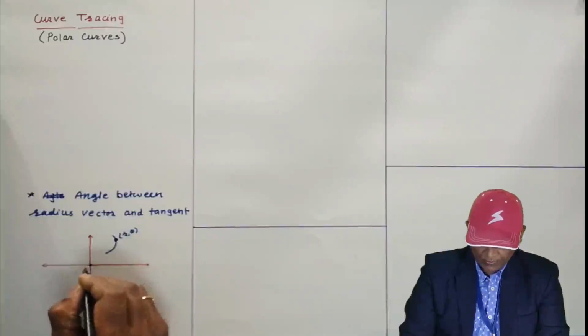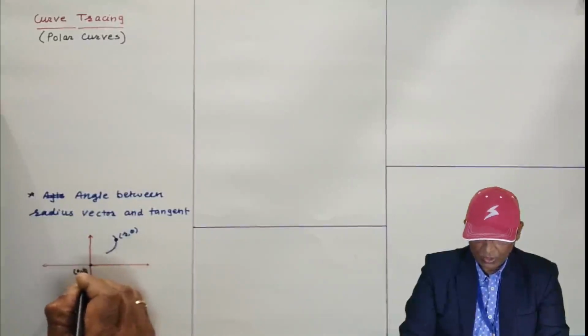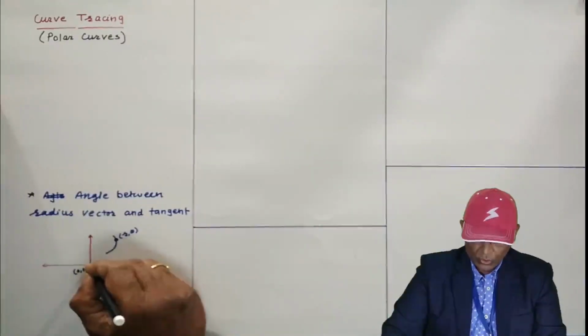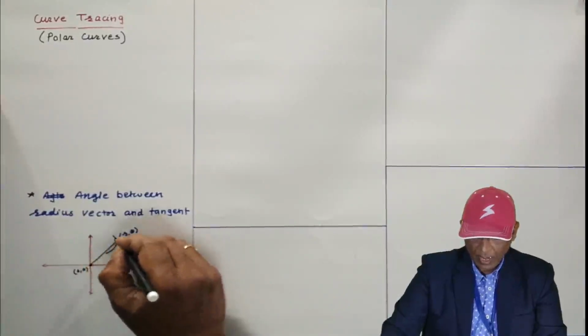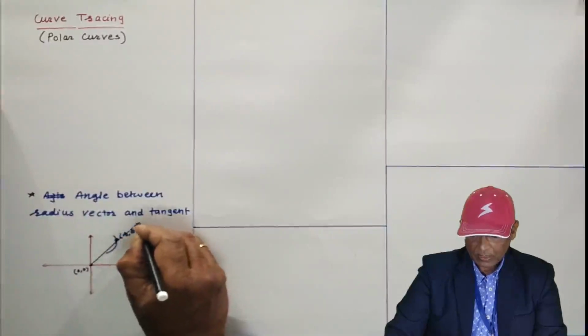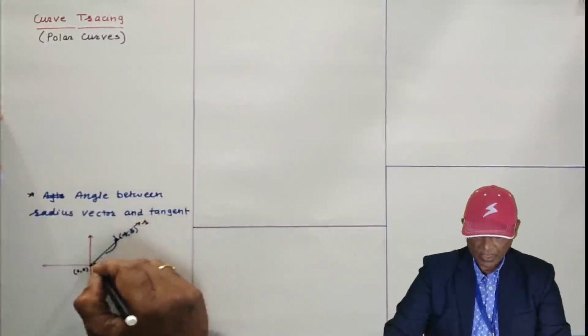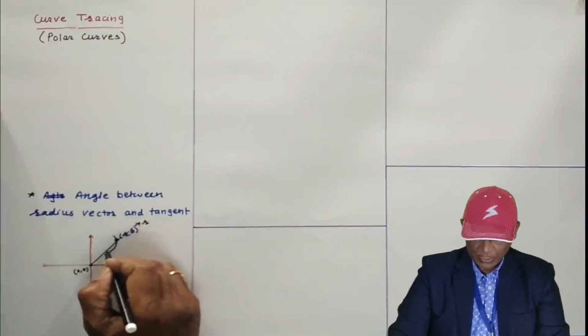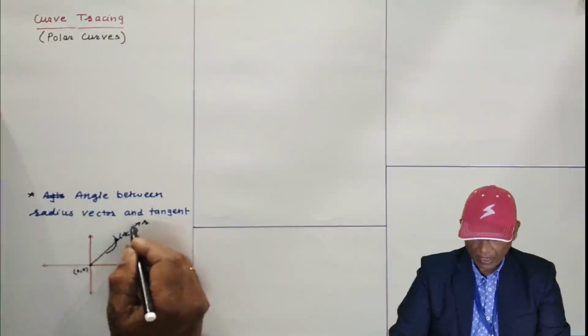This is the pole, coordinates of the pole are 0, 0, and I am going to join these 2 points. This is vector r, and this much distance is r.